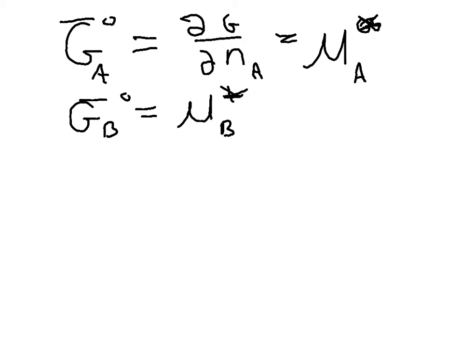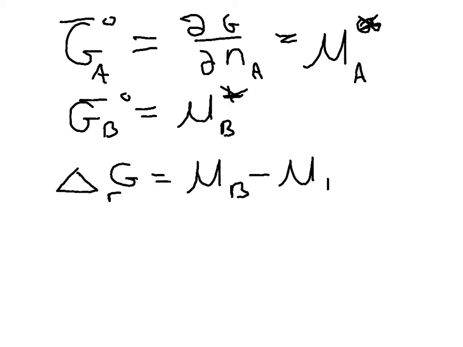And that allows us to then say, okay, we said that delta G of a reaction was equal to the chemical potential of B minus the chemical potential of A, and then we can plug in the equation for chemical potential, right?